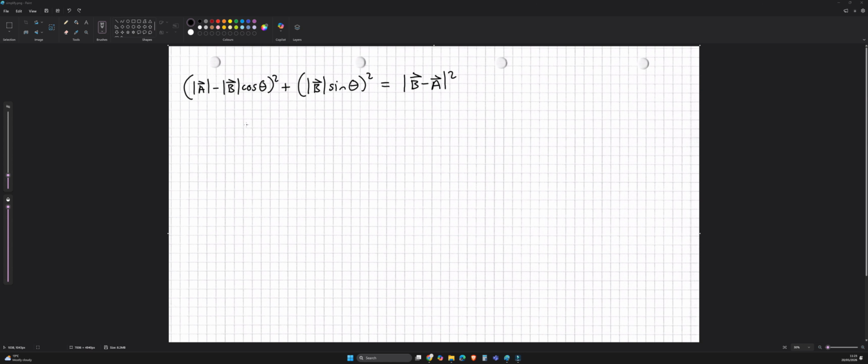Okay, so let's expand the left-hand side of this equation first, then we will do the right-hand side.